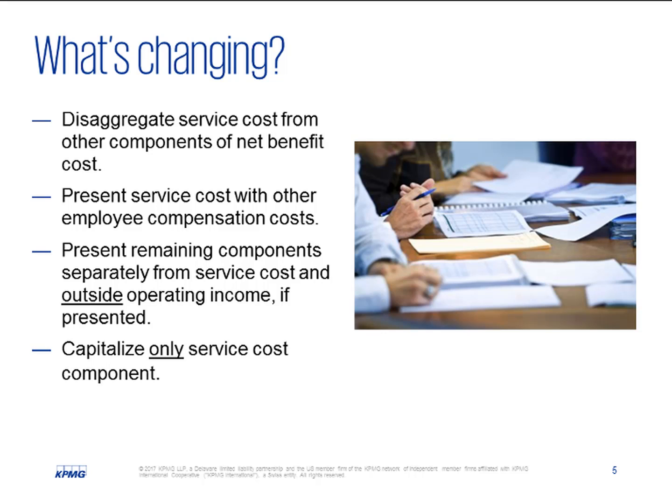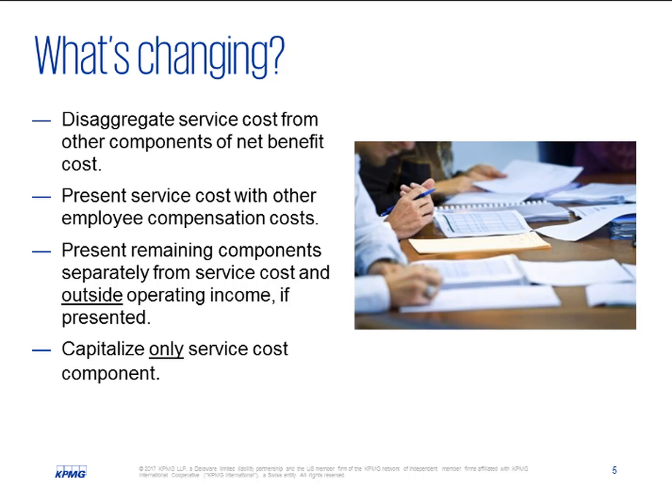Do the amendments prescribe the line items where a company would present the different components? They do. A company would present the service cost component in the same line items as other compensation costs. For most companies, this would be cost of goods sold or SG&A. Other components would be presented separately from service cost in the income statement, and interestingly, as we said before, outside income from operations if the company presents a subtotal.